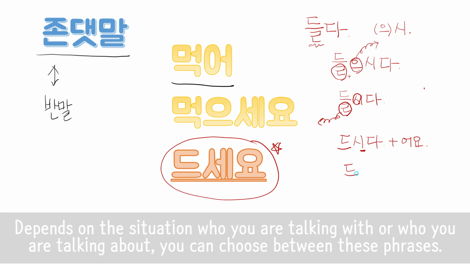So it will be 드, 시, 어요. You know how to change 시어 in short, 드셔요. And then there is another way of shortening. 드세요. So we choose this one. The long way: 들다 becoming 드세요.